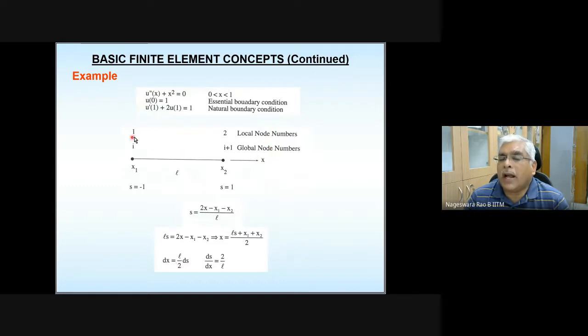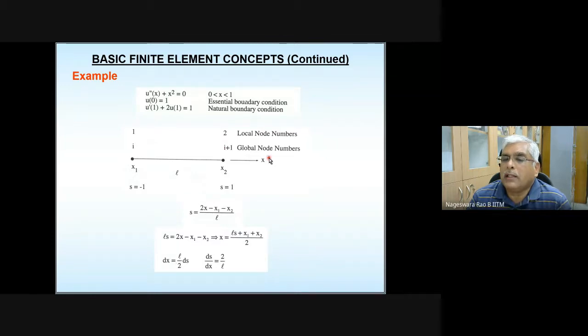Local node number 1 corresponds to global node number I. Local node number 2 corresponds to global node number I plus 1. That is the relation between local node number and global node number.